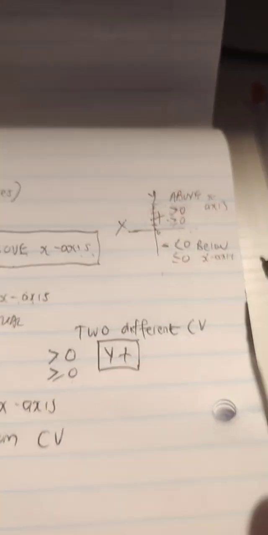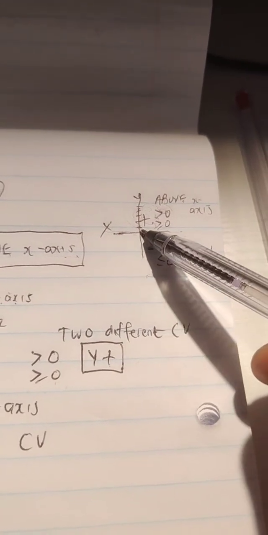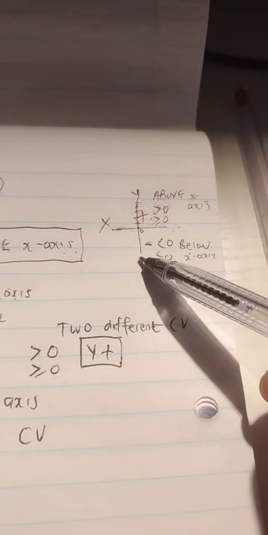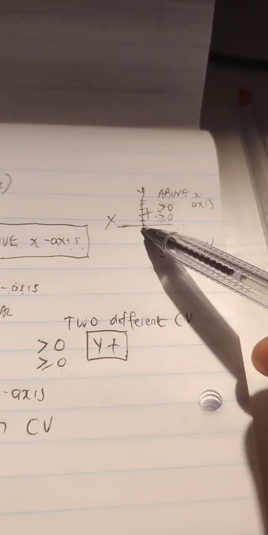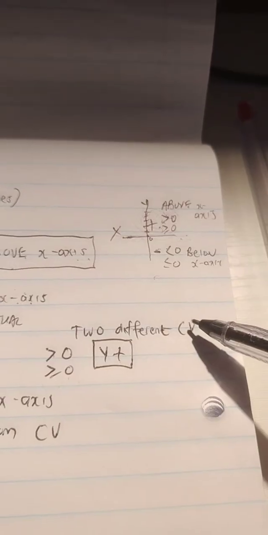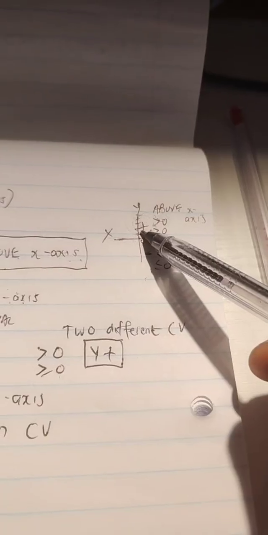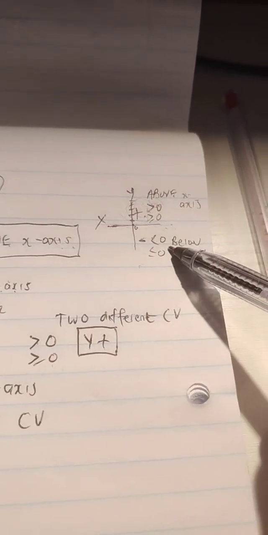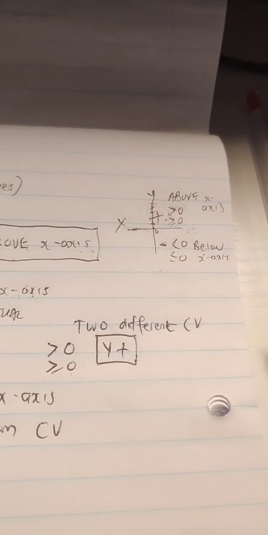Y is 0 on the x-axis. You go down below the x-axis. On the y-axis here, you have y values that are negative. These are your negative values of y. Okay, so greater than 0 means y is positive. We know it's above the x-axis. Less than 0, this is where the y values are negative. All right?